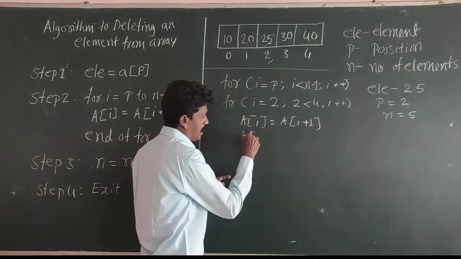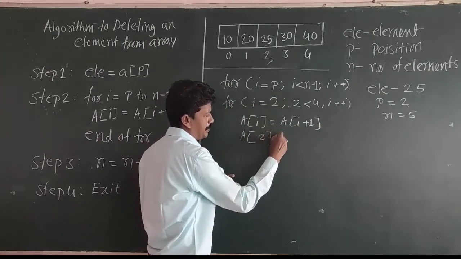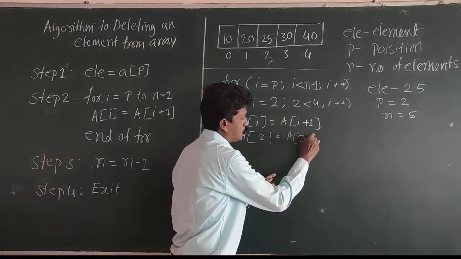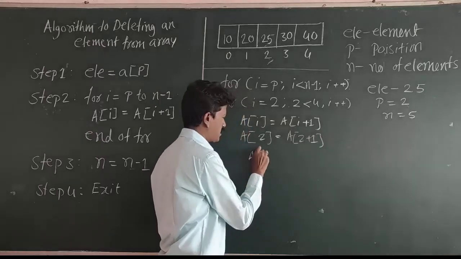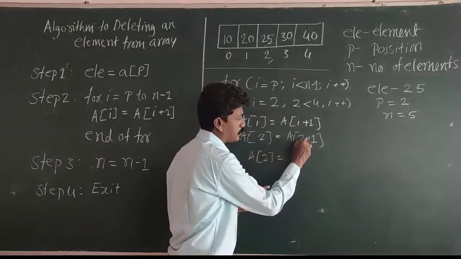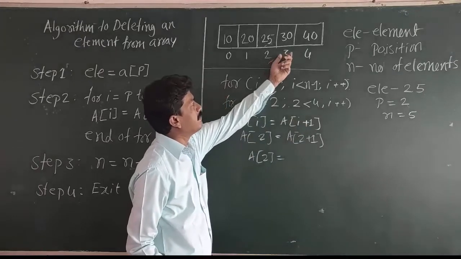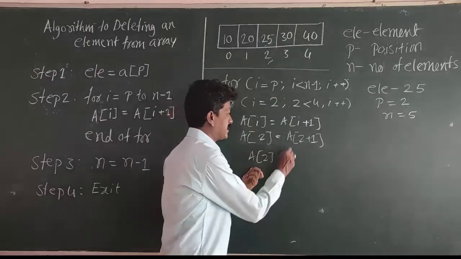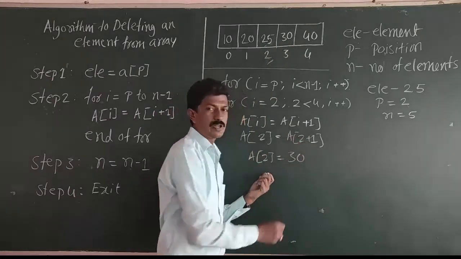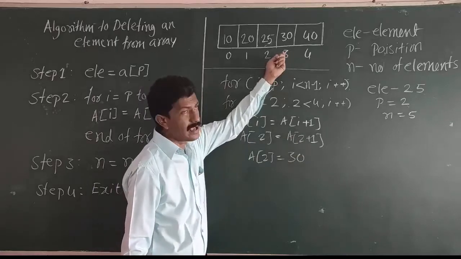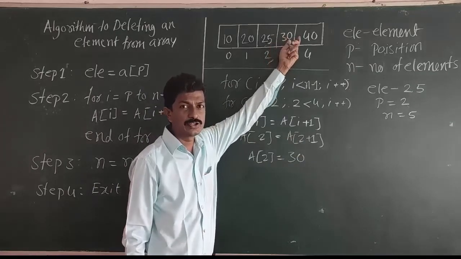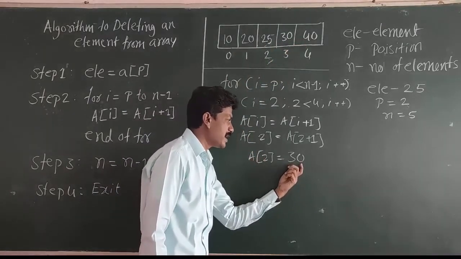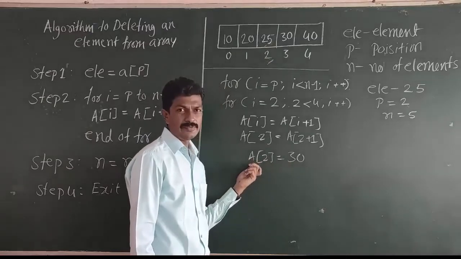Here I is 2, so A of 2 equals A of 2 plus 1, which is A of 3. The element existing at the third index should be assigned to A of second index, which is 30. In A of third index we have the element 30, and 30 should be moved to its previous index value 2. Simply, I assign 30 to A of second index.